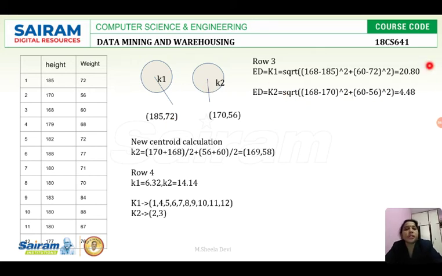If you compare these two values, 4.48 is the lesser value, so I will place my third item in cluster 2, because the Euclidean distance between the second item and the third item is less. So I will be clustering this object into the cluster called K2. So my third row will go to cluster 2.